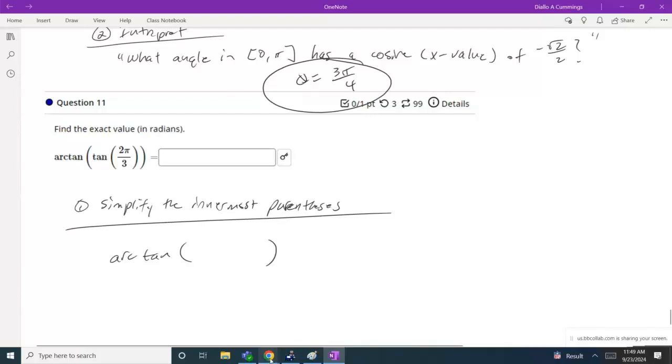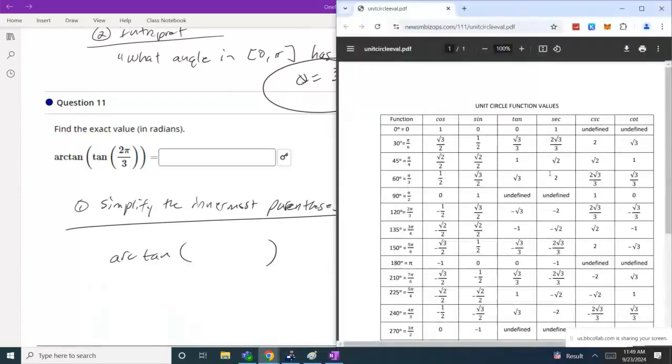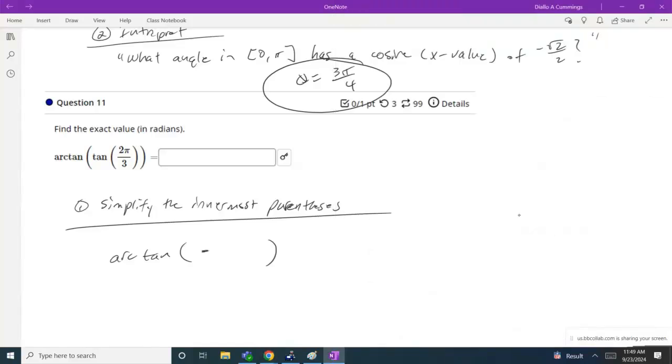Well, I'm going to use the unit circle function values chart. 2 pi over 3 is 120 degrees. The tangent of 2 pi over 3 is negative square root of 3.